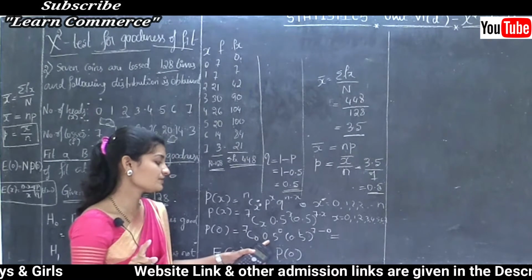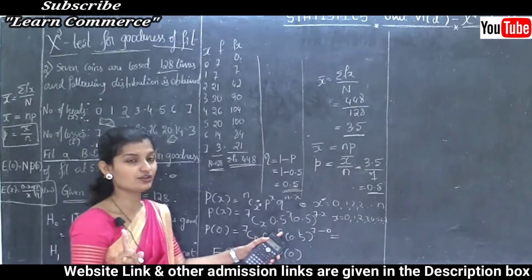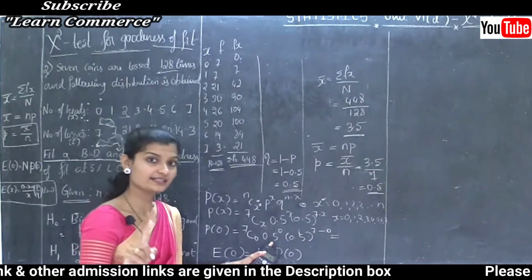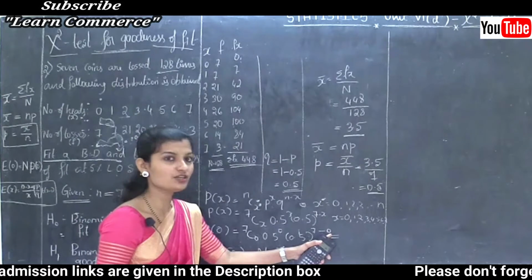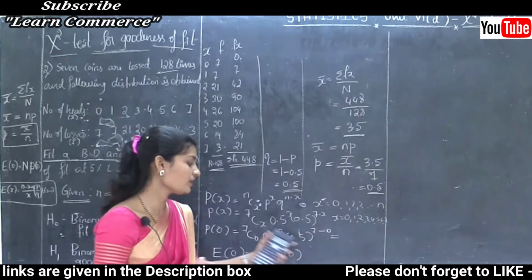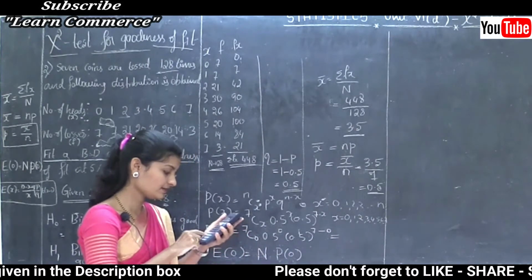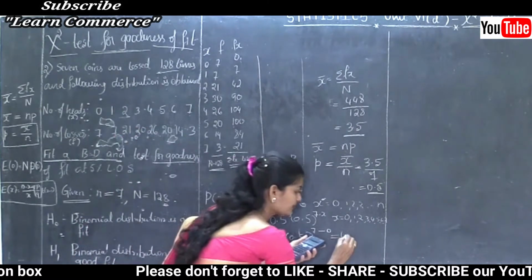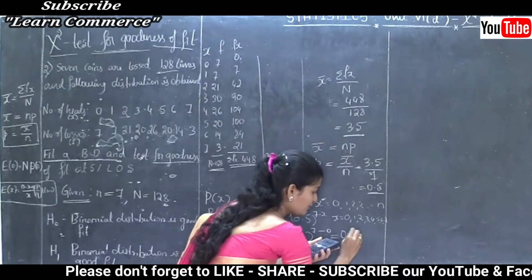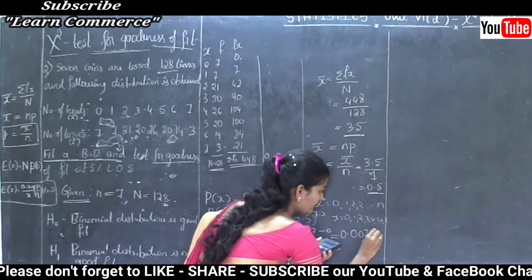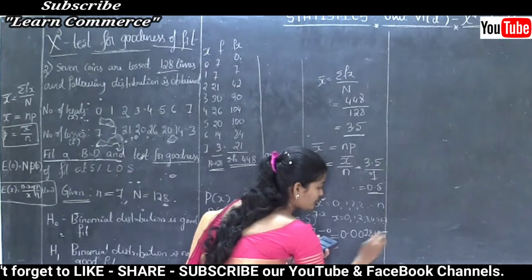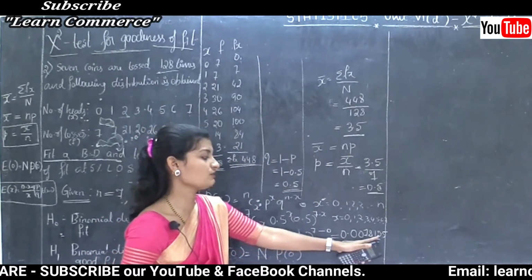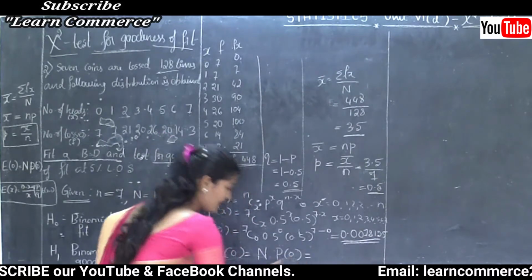So 1 into 0.5 to the power 0, that is also 1. So 1 into 1 is also 1. Then 7 minus 0 is 7. Then 0.5 to the power 7 is 0.0078125. Okay, p of 0 is 0.0078125, and I will substitute that value here.